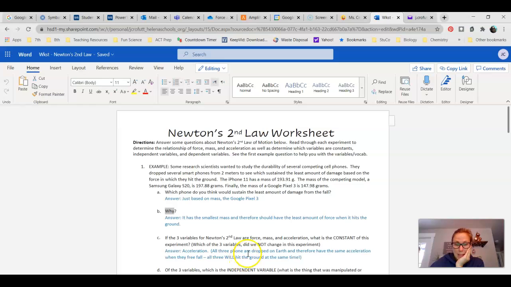That's a big misconception. A lot of people will say that the heavier object will hit first. That's not true. So if you keep that in mind, these 3 phones, if we dropped them all at the same time, would all hit the ground at the same time, but one would hit with more force. Your heavier phone would hit with more force.